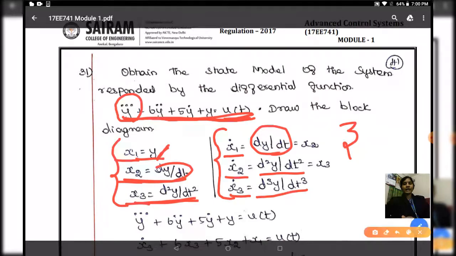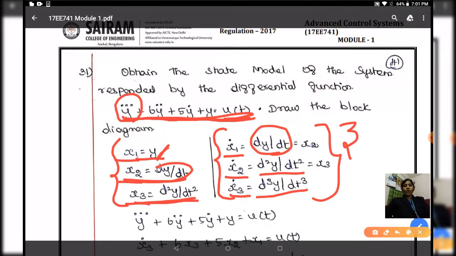Depending upon the order of the system given in the differential equation, we need to write the corresponding number of state variables. And the state variables are always represented using first order differential equations, so we have identified x1 dot, x2 dot and x3 dot.